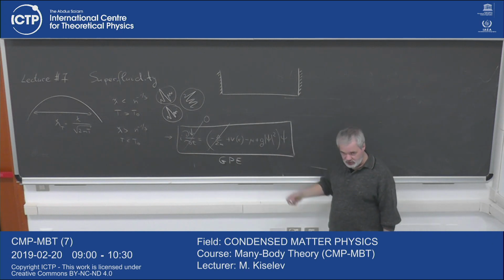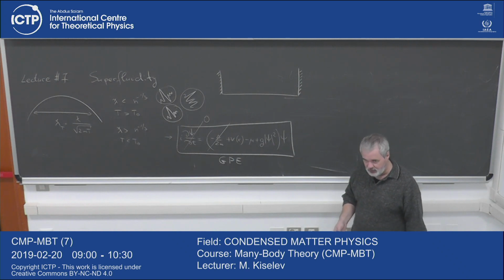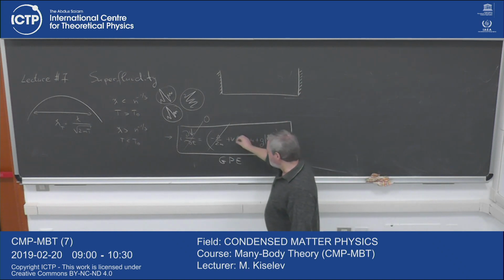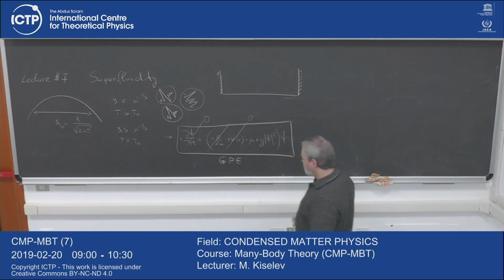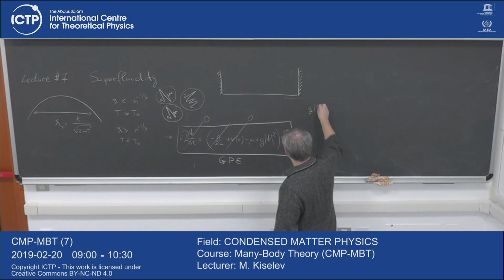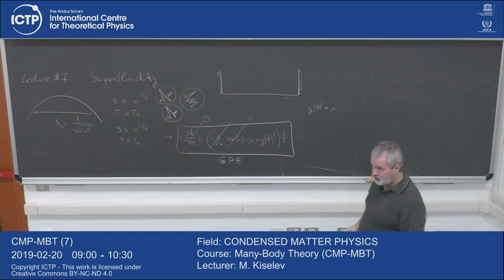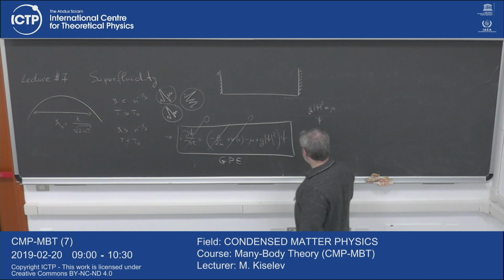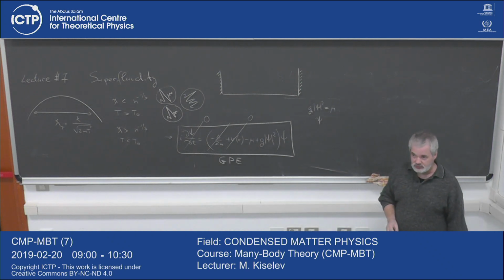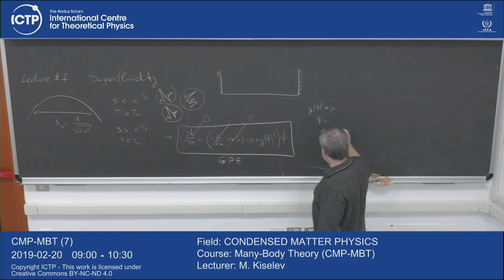Therefore, our nonlinear Schrödinger equation becomes much simpler. Inside the box the potential is 0, so we just have the equation g times psi squared is equal to mu. Therefore, psi as a wave function is just a constant. Let us say psi node.